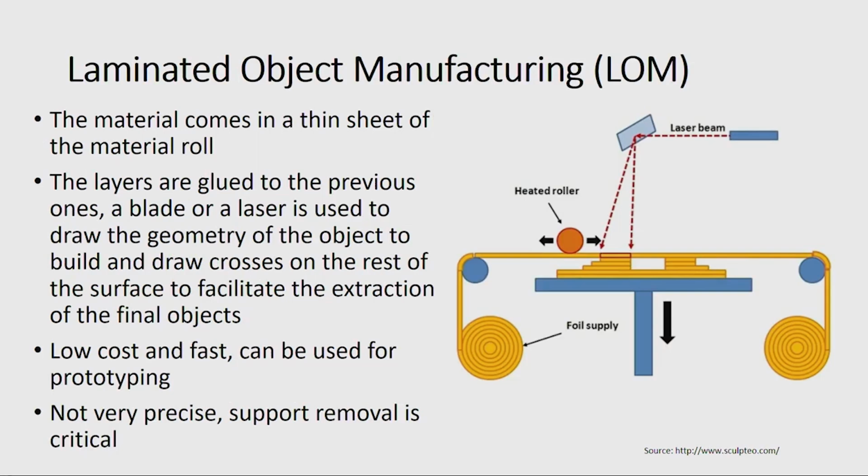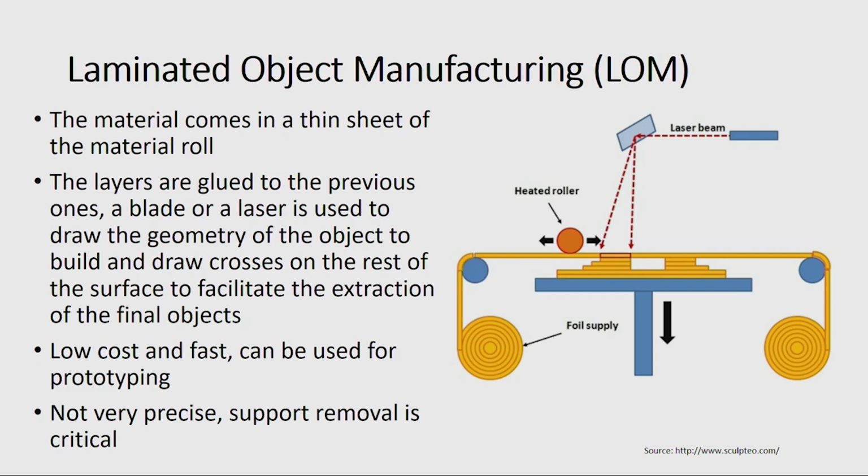Next is laminated object manufacturing. In an FDM 3D printer, the material comes as a filament, and it is heated and deposited on a plate. In SLA 3D printing, there will be a resin. The resin will be selectively cured to make the final object.